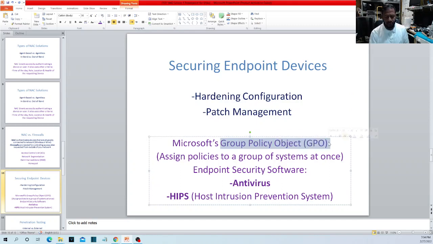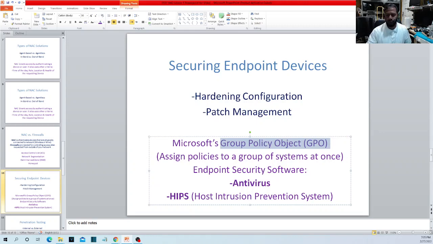Instead of configuring each machine separately, each of the server machines, each of the workstations, you just create a group policy and configure at one time that this will be the configuration. Then you apply that configuration to a large number of computers. So it really helps. The Microsoft operating system has this feature called Group Policy Object, GPO.